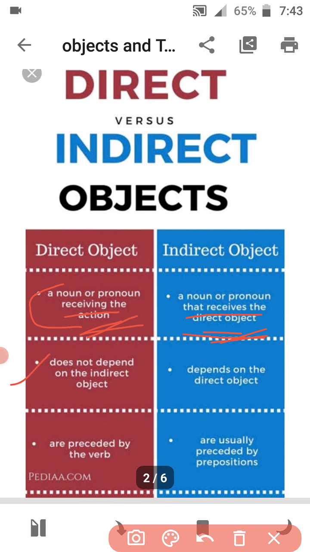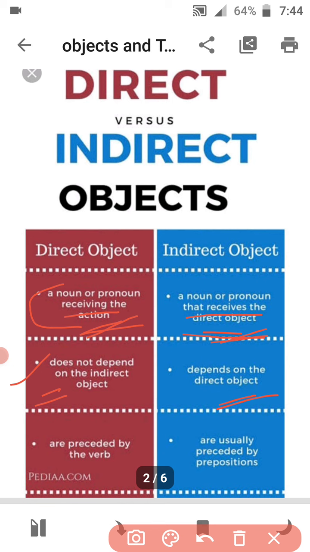Next point, the direct object does not depend on the indirect object, but the indirect object depends on the direct object. See over here, the direct object does not depend on the indirect object, but the indirect object depends on the direct object.